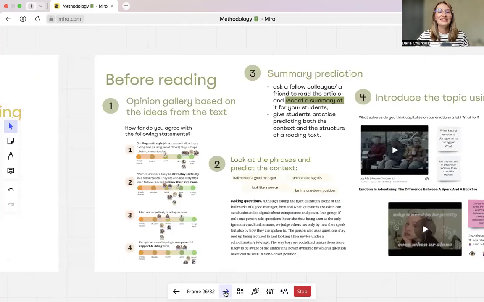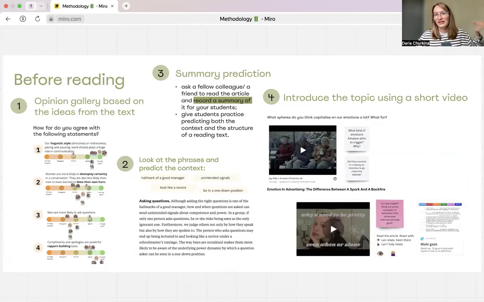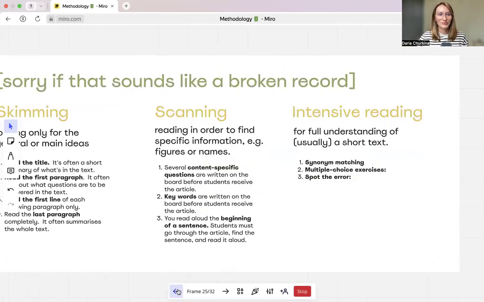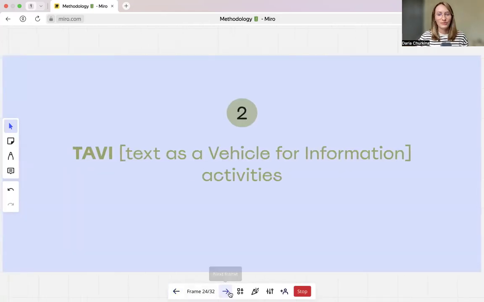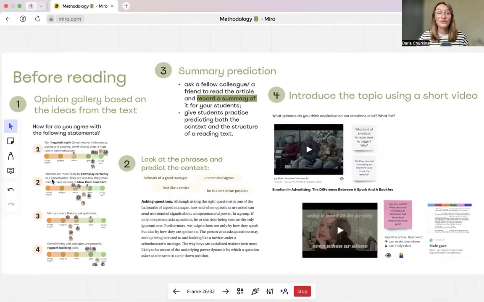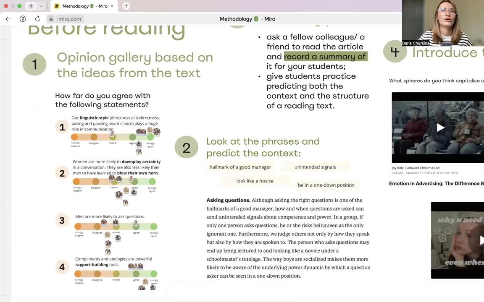Okay, now let me share some of my favorite activities which perfectly fit in this type of text, if we presume text as a vehicle for information. Okay, the first one here is the opinion gallery. Adorable activity, which would work with almost any type of text.